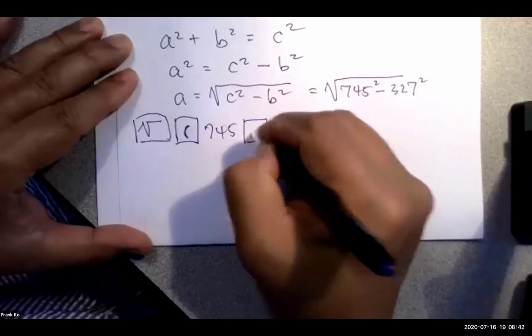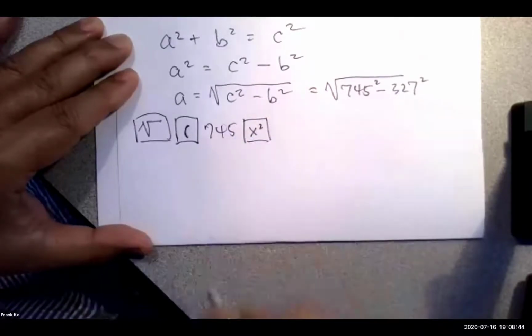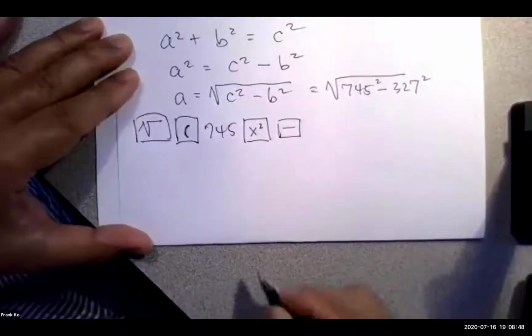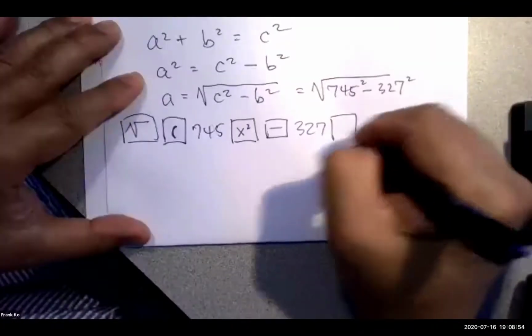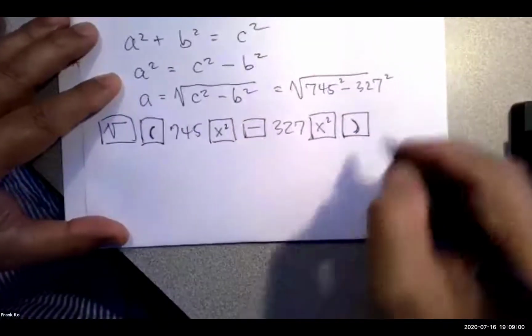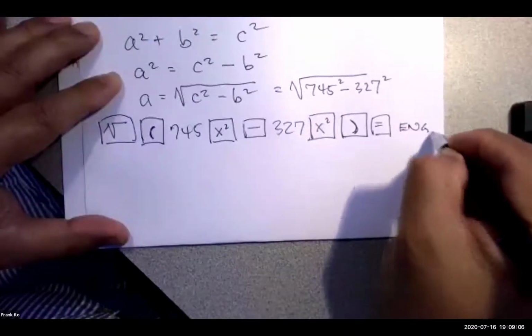That's all you have to say. Yes, the square key. Minus. So we have a minus. We don't have a plus here. This is a minus. Good to remember. 327 squared. Close parenthesis. Yes, we got to remember to close. Equals. And then hit engineering. What do you get?